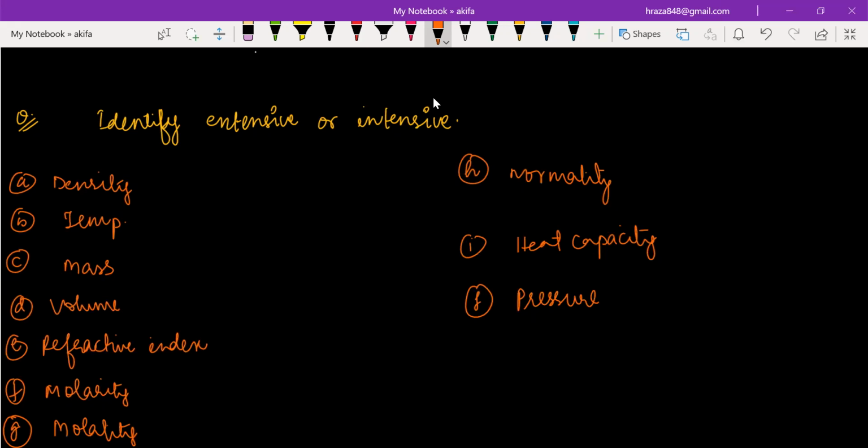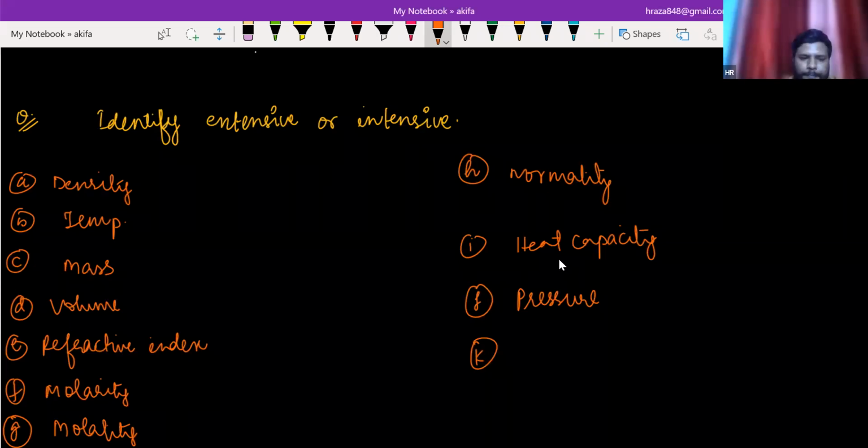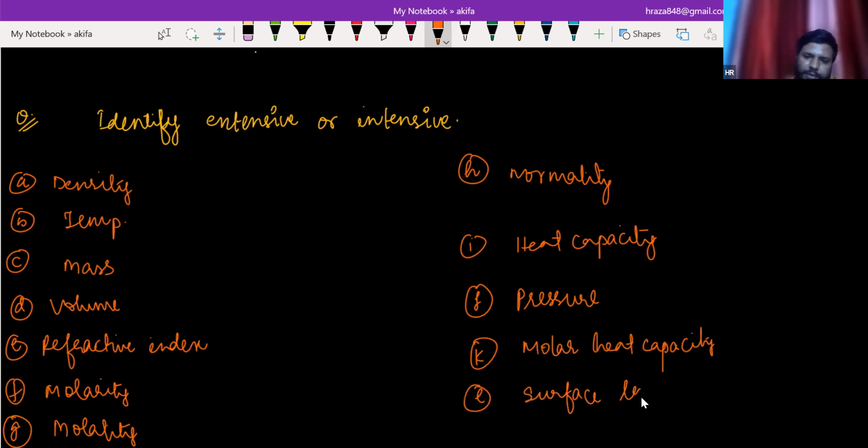Please write it. Molar heat capacity, surface tension.